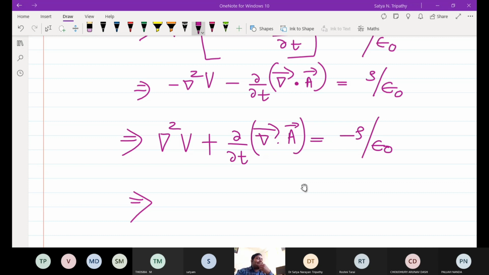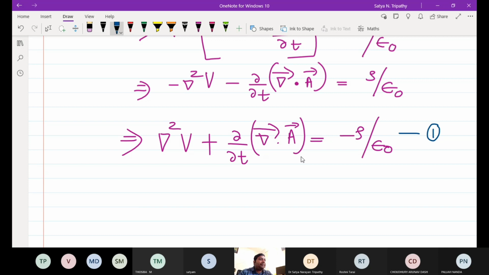I'll put this as equation 10. Okay, so this is my first case. This is one.